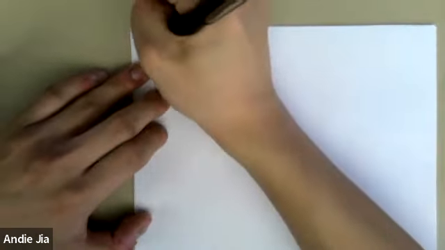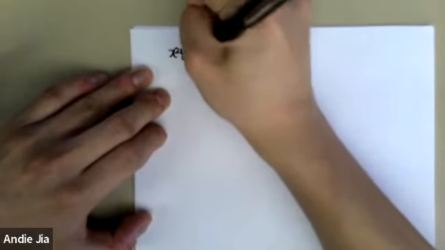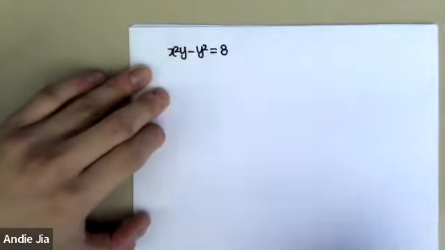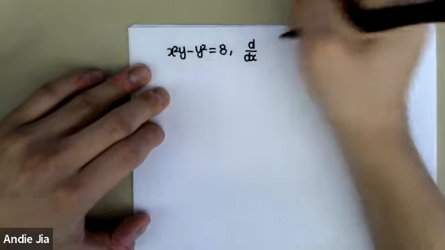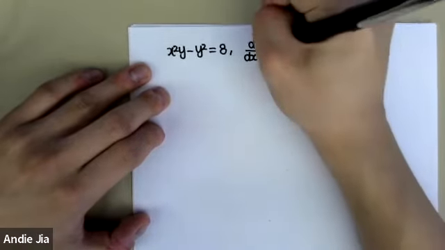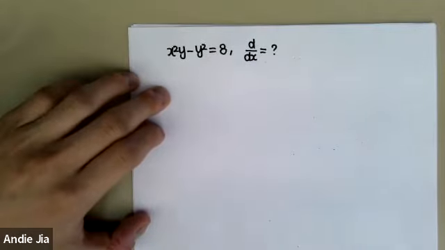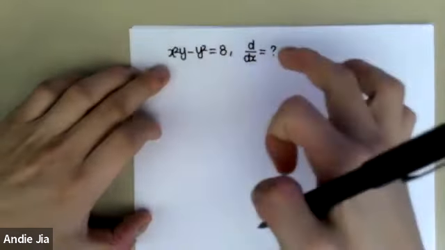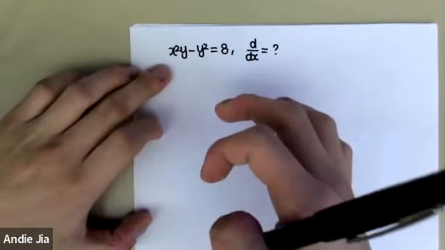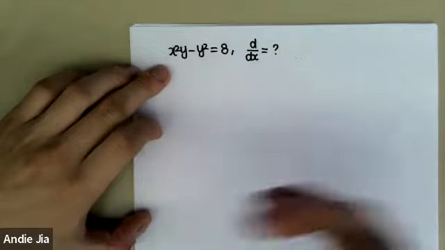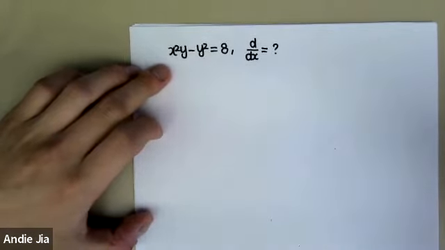So if you have something like x squared y minus y squared equal to 8, and you want to find what dy/dx is, you use implicit differentiation. If you take the derivative of a function with y, then you just write out y prime, dy/dx, because that's implicit differentiation.